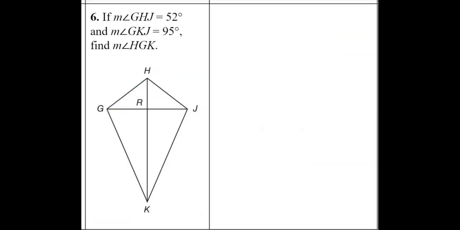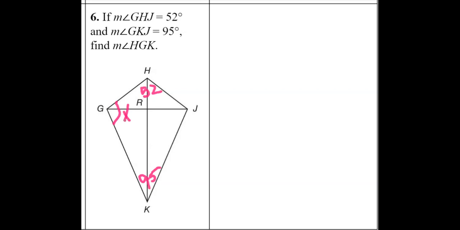Here I am on number 6. If measure of angle GHJ is 52 and measure of GKJ is 95. So once again, notice not drawn to scale. Find measure of angle HGK. HGK is over here.